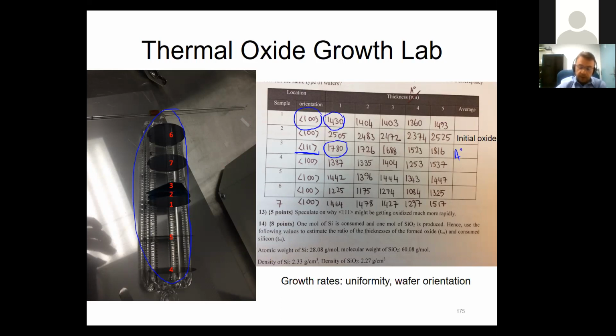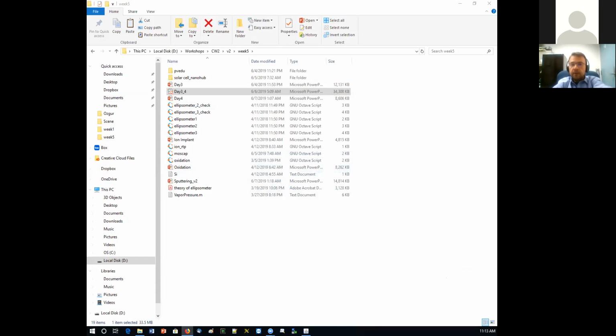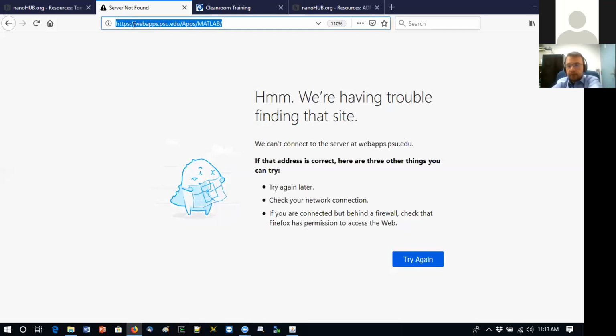And when we have an initial oxide, there's going to be a difference, of course, at the end. So let's try to understand what kind of a difference we're talking about by looking into these simulations. Okay, so I assume that you have the little MATLAB code that I provided. Let me share the other screen.